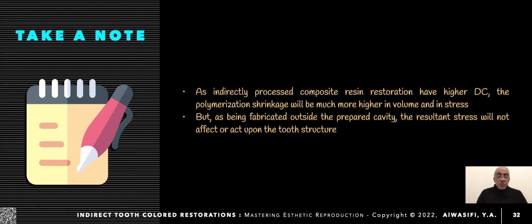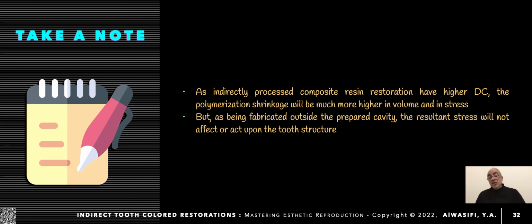As indirectly processed composite resin restorations have a higher degree of conversion, the polymerization shrinkage will be much higher in volume and in stresses. But as it is fabricated outside the prepared cavity, the resultant stresses inside the cavity will be of no value, because only the shrinkage stresses of your resin cement will take place.